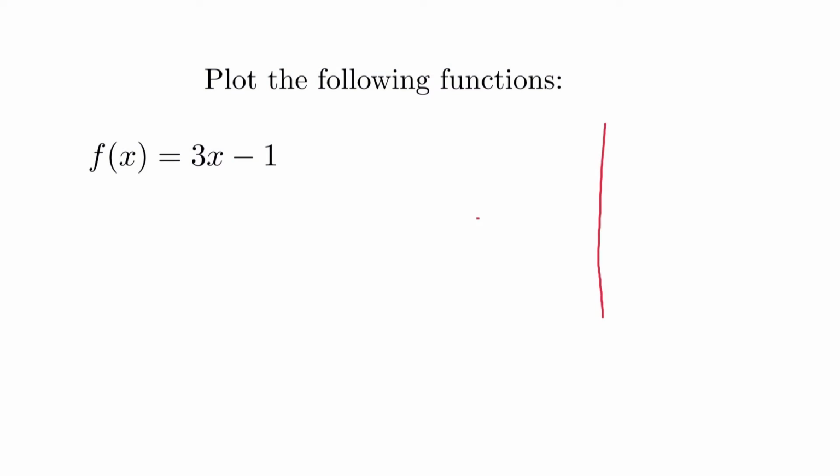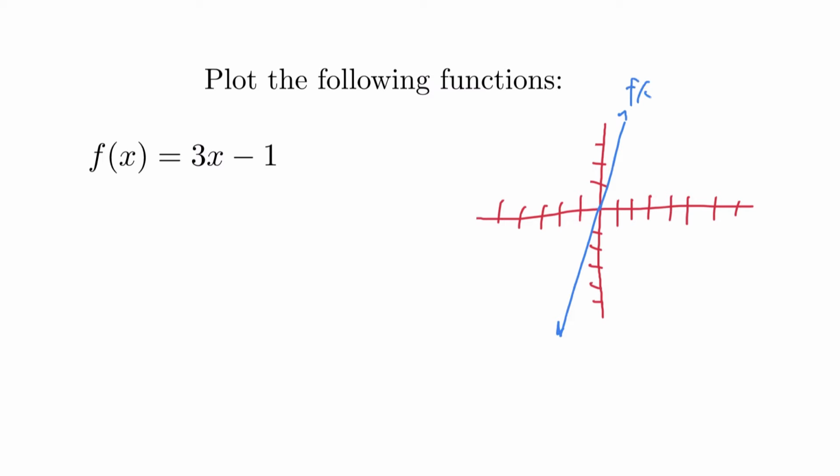So f of x equals 3x minus 1. Let's start with the function f of x equals 3x. That'll be our start. And then we'll account for this translation by minus 1. So here's f of x equals 3x.